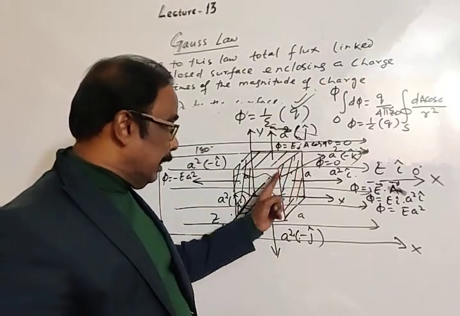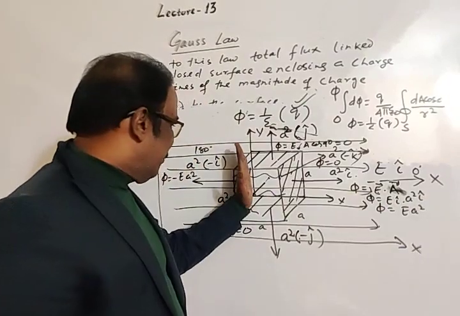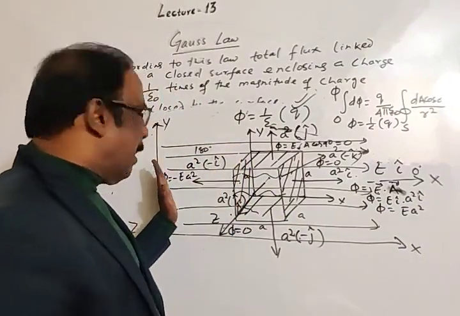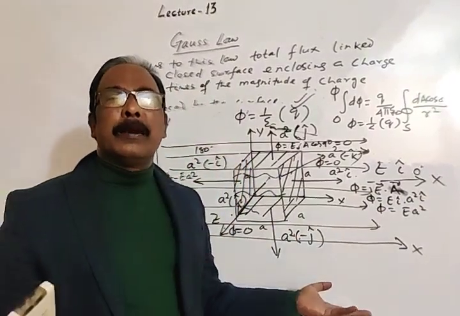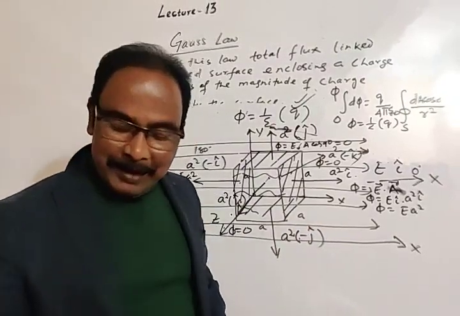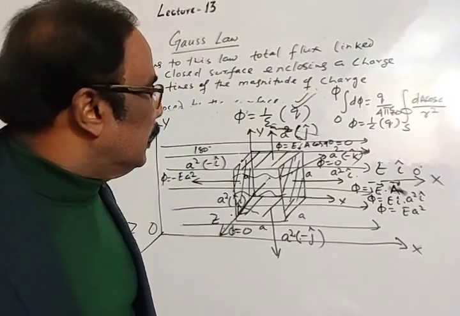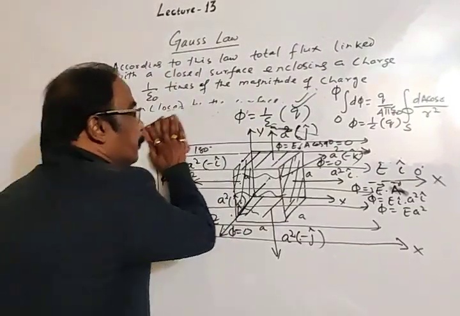But for this area, flux is E A square. For this area, flux is minus E A square. So resulting flux linked with the surface is 0. Means if the surface doesn't enclose any charge, then total flux linked with the surface is 0.